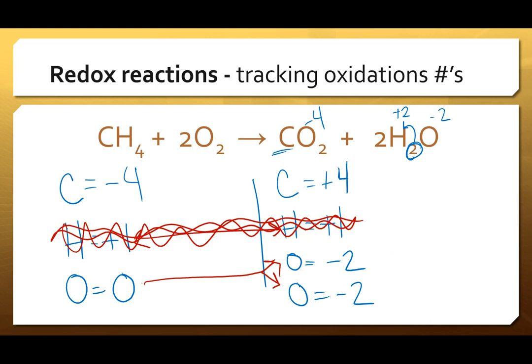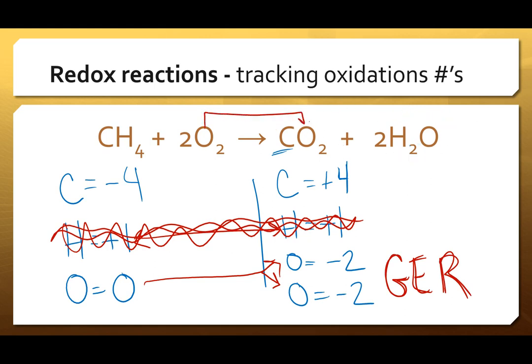We also see that 0 to -2, the number goes down. So oxygen is GER, gain electrons reduced. Okay, I'll clean this up a little bit. So oxygen was reduced, or that's where the reduction takes place.